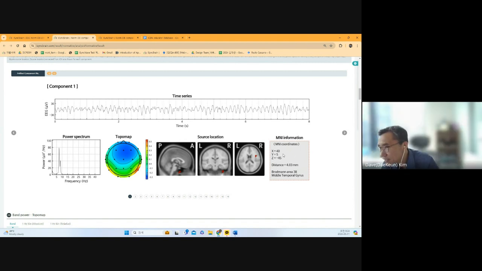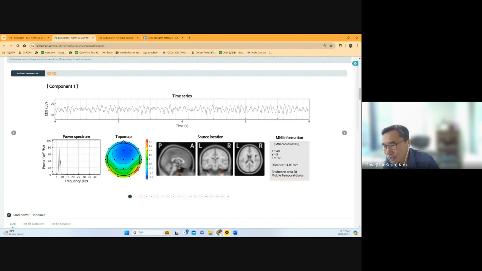And you can see this is the right temporal area, with this kind of low frequency theta and alpha activity coming from very deep in the right temporal area, but the projection is in the posterior direction.